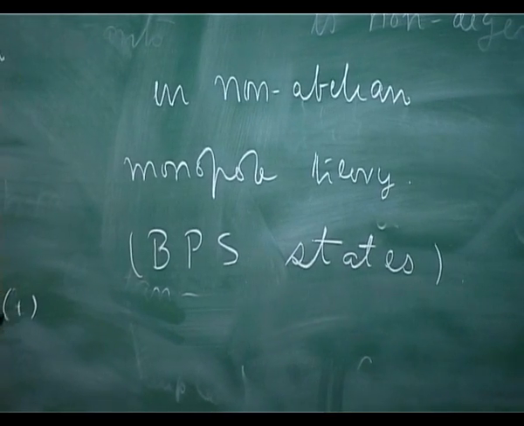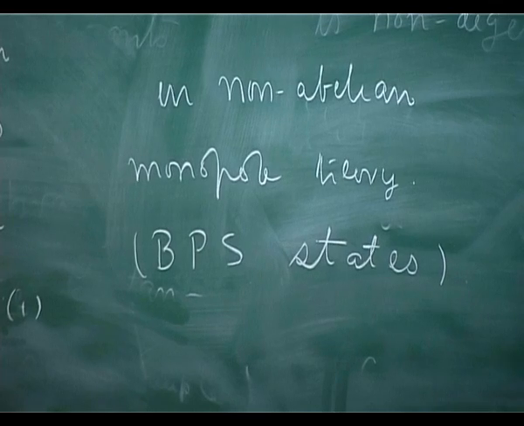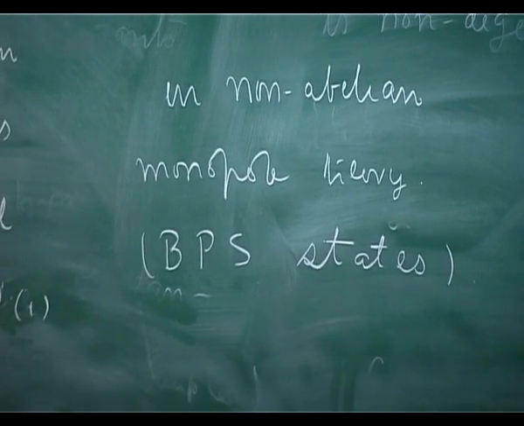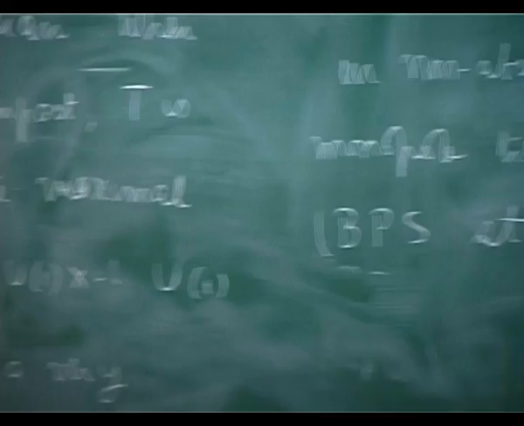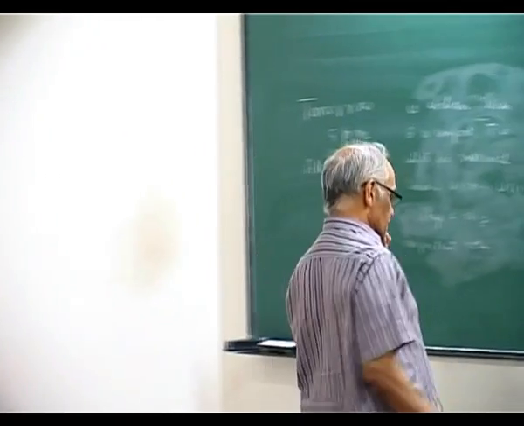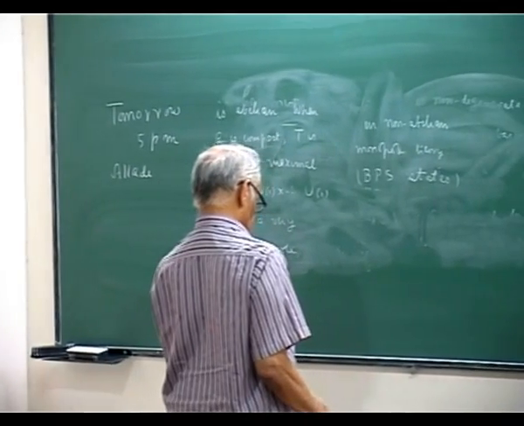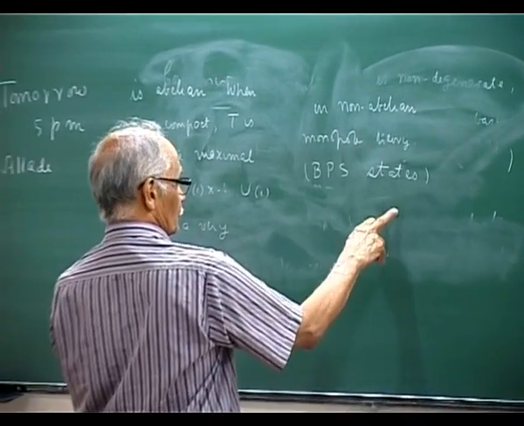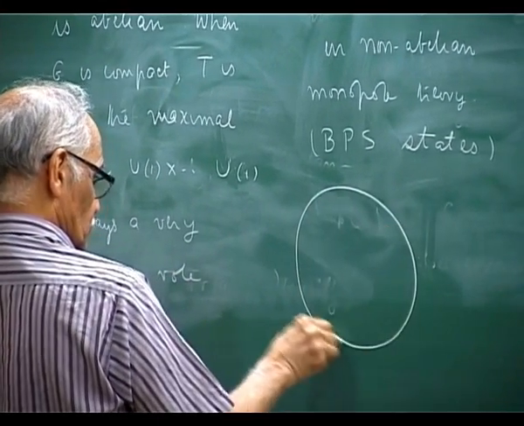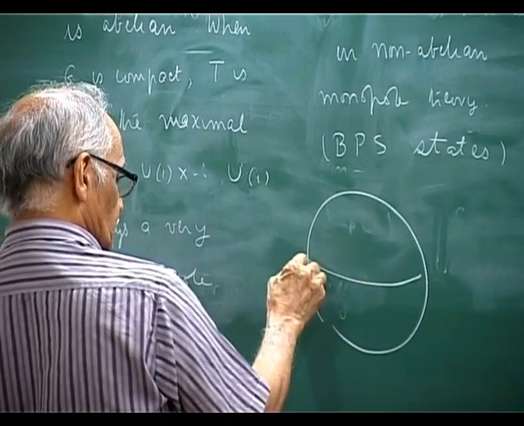So non-abelian monopoles, are they generalizations of Dirac monopoles? They are Dirac transition functions. Okay, let me finish this. You see, the Dirac monopole is on a sphere.